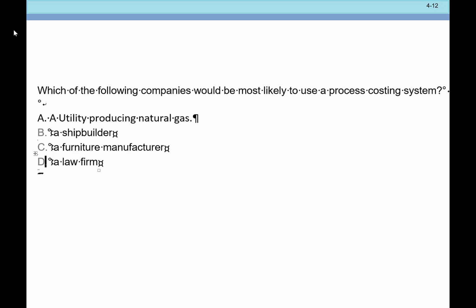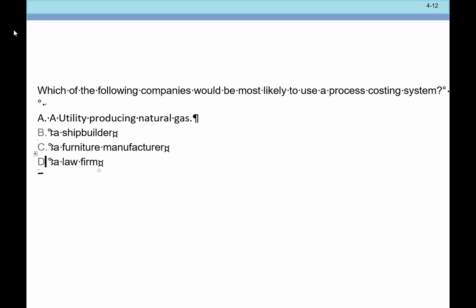How about a furniture manufacturer? For the most part, I guess if you were manufacturing the desks in this class, maybe you could use process costing, but often furniture items are seen as unique, right? We're going to make this chest of drawers for you, etc. So furniture is not the best answer here. Shipbuilder, a cruise liner versus a battleship is going to be completely different, right?